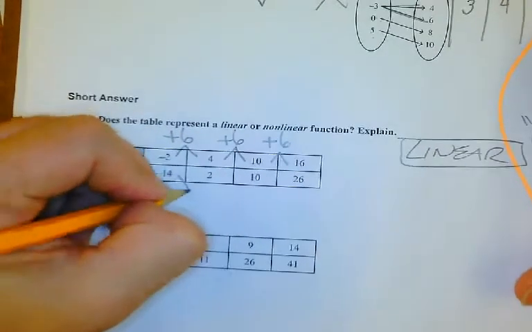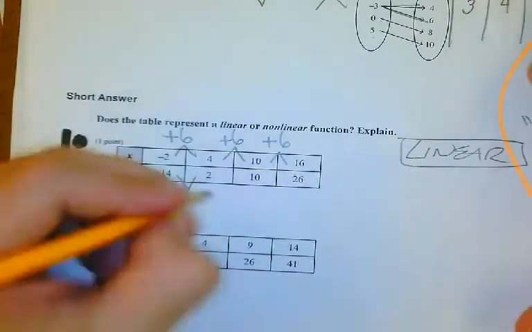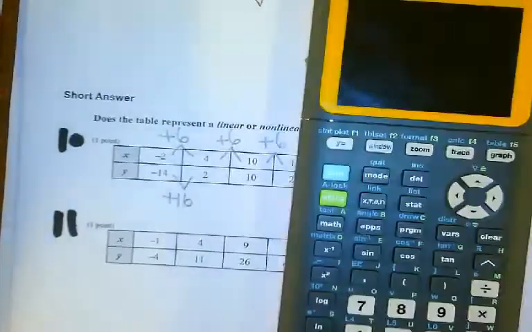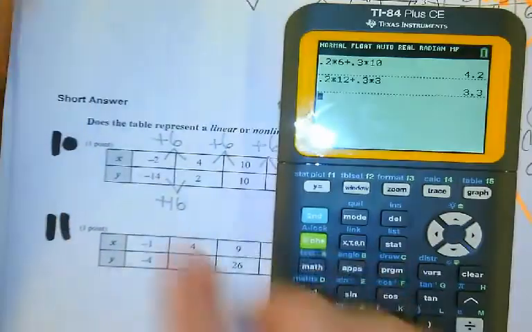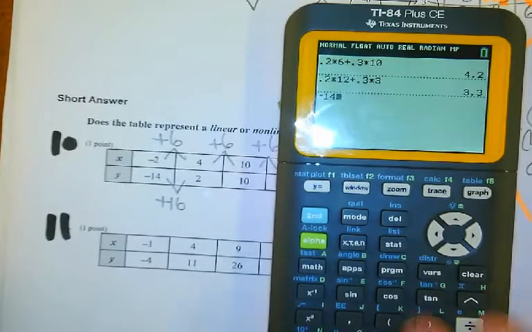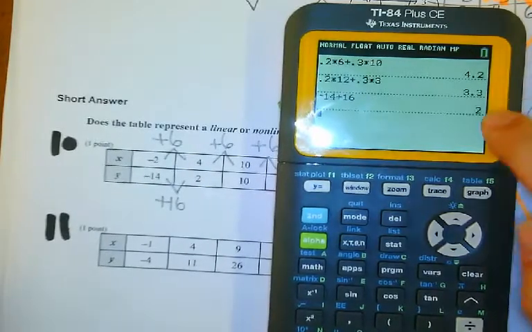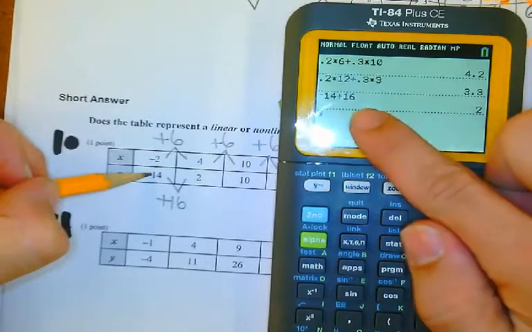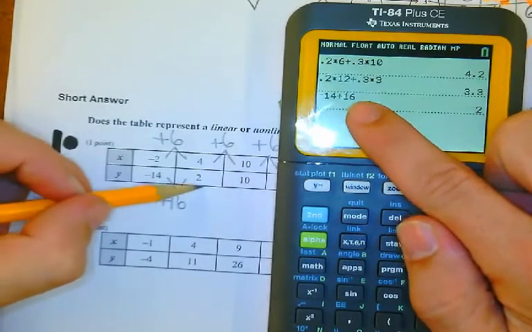From -14 to +2 is add 16. So again, you want to make sure that on this kind of stuff you're being very careful with your numbers. I have a -14, and if I add 16 to it, I will get to a +2.